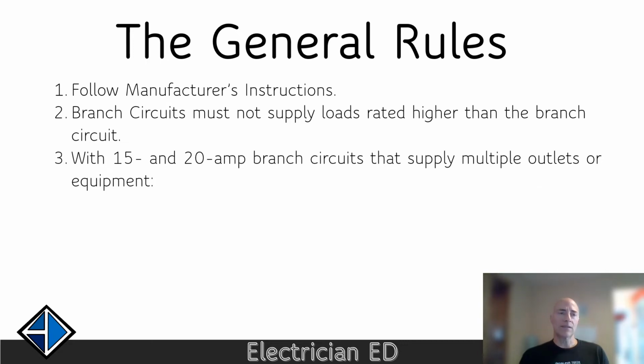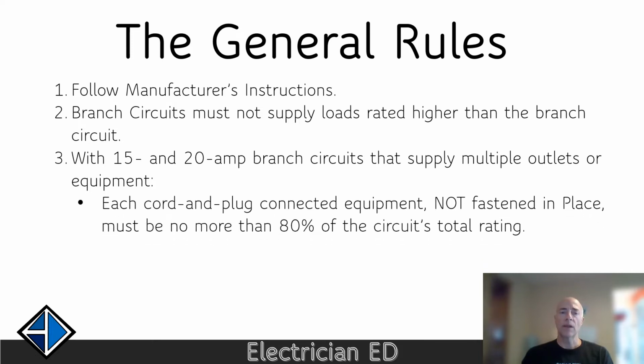Okay, the next two rules are both for 15 and 20 amp circuits. First, each piece of general cord and plug connected appliances that are not fastened in place on general branch circuits must be rated no more than 80% of the entire branch circuit. This is the 80% rule.